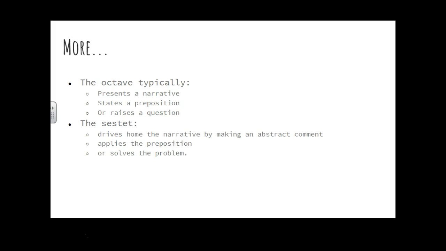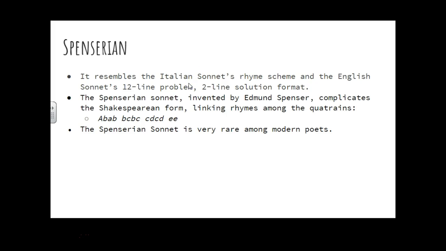The sestet, which brings it home, it drives home the narrative by making an abstract comment, applies the proposition, or solves the problem. Okay? So, this one right here, it's like the presentation of the information. Okay? Here's what I'm going to be discussing. Sestet is the answer. Okay? Are we good? Okay.